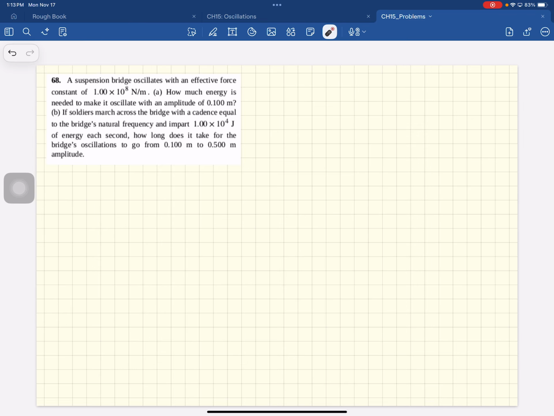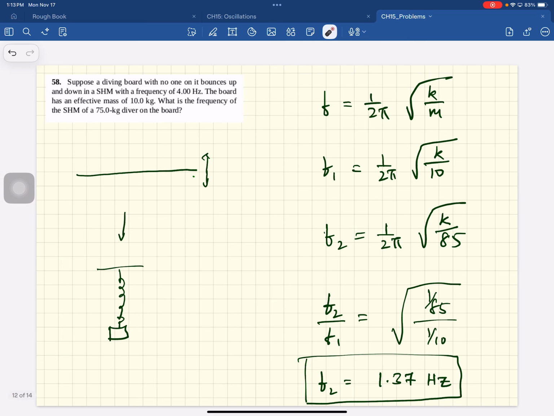Okay, this problem says a suspension bridge oscillates with an effective force constant of 10 to the 8 Newton per meter. Okay, you see, that's why this chapter was very important. You're modeling all kinds of systems like this simple harmonic oscillator.